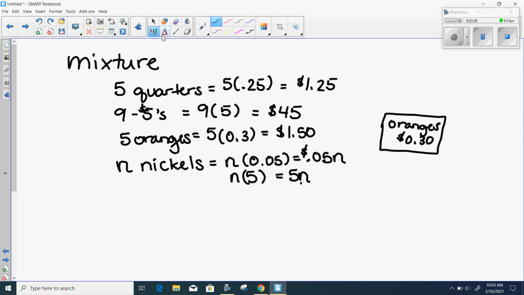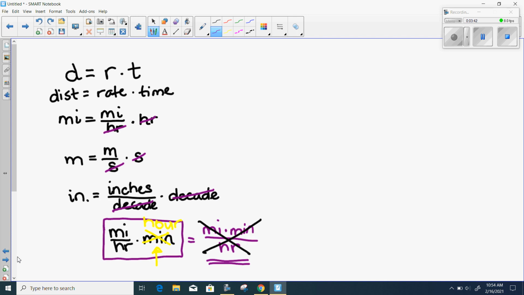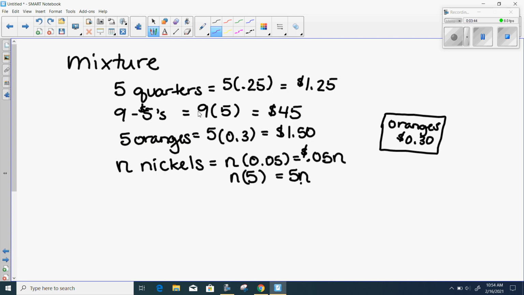What we have here is not a nice formula like distance equals rate times time. But if I want to know the total value or the total cost of something, I take how many or how much, and pretend how many is 2 words.